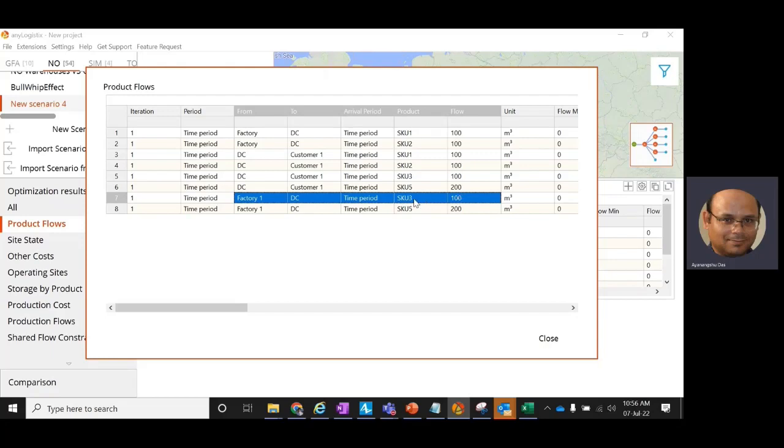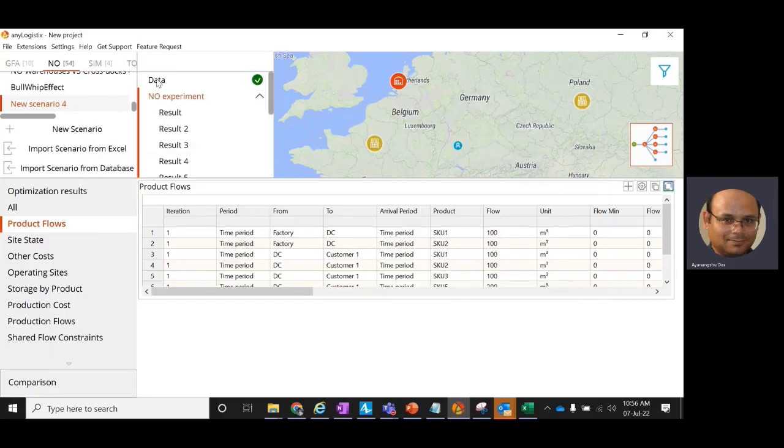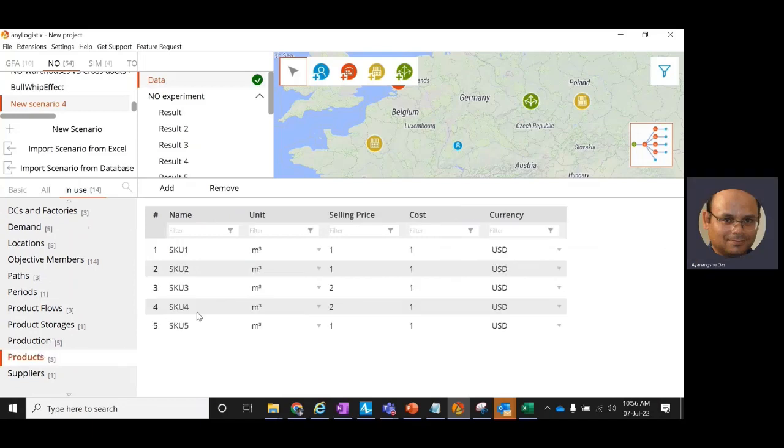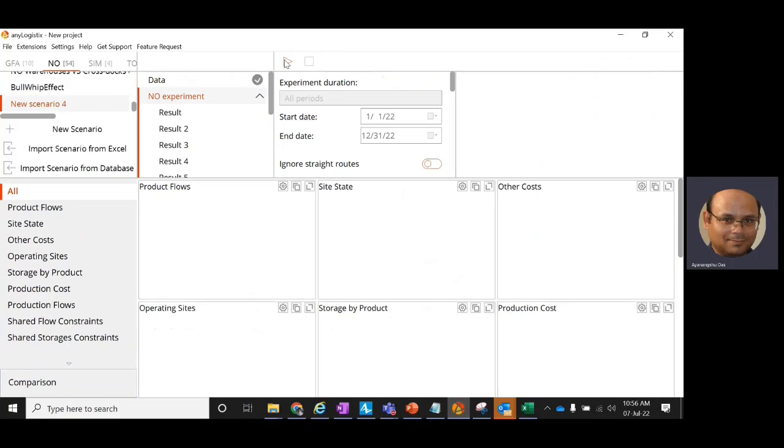Now if I make the selling price of SKU 4 more, then we should see that it suggests to manufacture SKU 4. So we'll go and increase the selling price to 3, which is essentially more than the selling price of SKU 3, and we'll go to the experiment and run it.